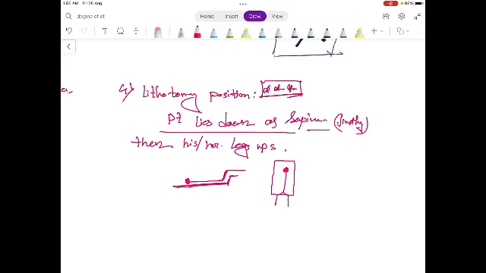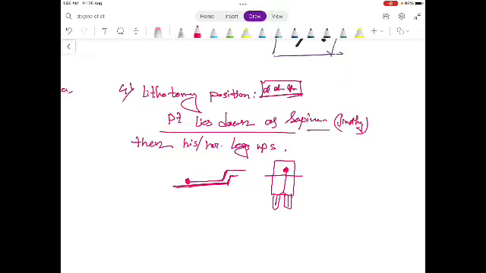So this is the OT table. Here is the head, here is the patient's hand, and here are both the leg ups.